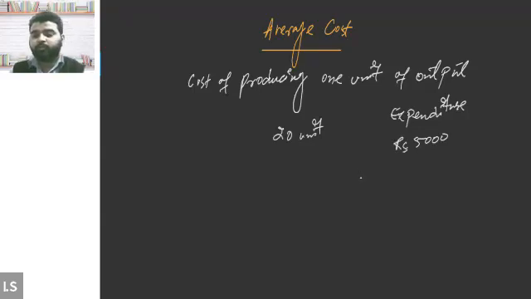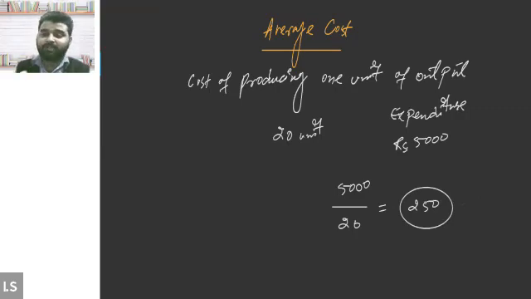If I ask how much we have spent on 1 unit of output, the answer is very simple, sir. 5,000 we have spent for producing 20 units, so we can simply divide it by 20. 5,000 divided by 20, we will get the expenditure incurred on 1 unit of output, right? So this will be our average cost. Average cost basically means per unit how much amount we have spent. So average cost is the cost of producing 1 unit of output.